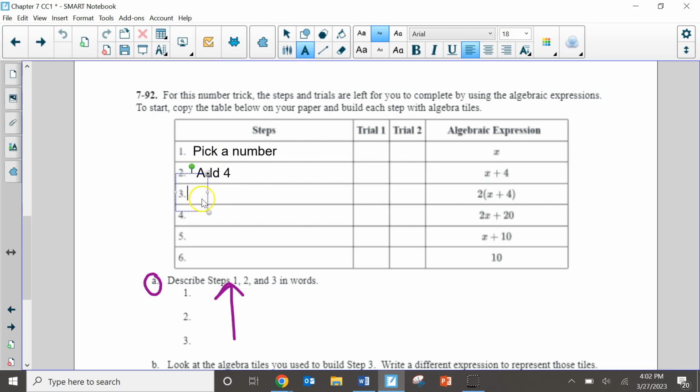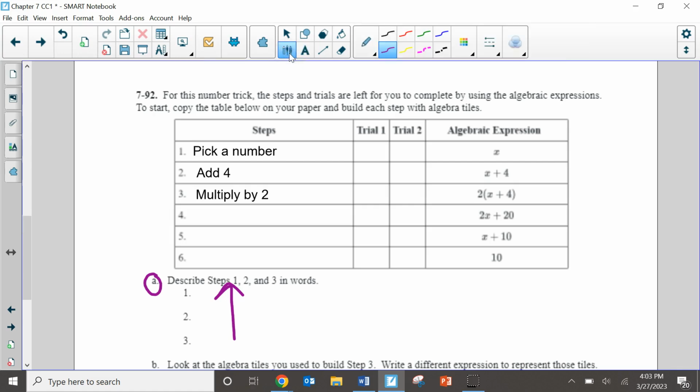Then you're taking that x plus 4 and you're multiplying it by 2. Oh my goodness. And so right here, it's probably going to be a little easier to look at this in the distributive property. Because you can see in this next step, we have 2x.